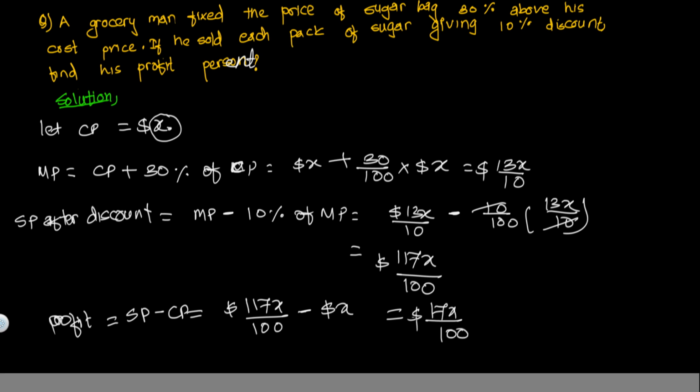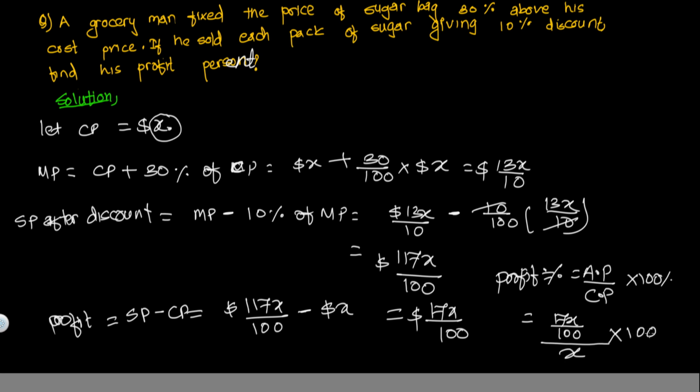So that's our profit. And how to get the profit percent? Profit percent is actual profit over CP, always over CP, times 100%. So our actual profit is 17x over 100, over our CP, which is x, times 100%.